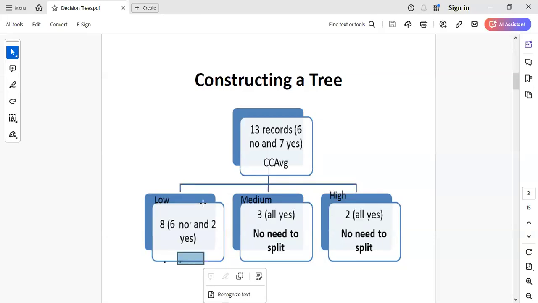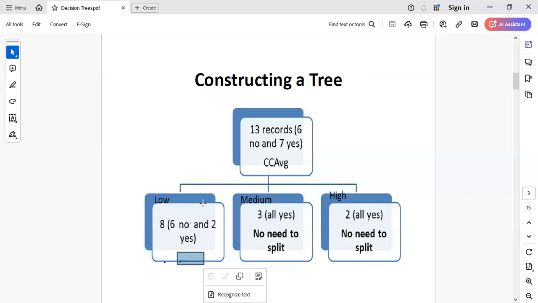From the root node to a leaf is called a branch. So we have 1 root node and 2 leaves, so we have 2 branches here.